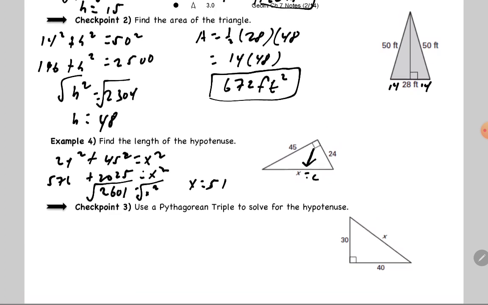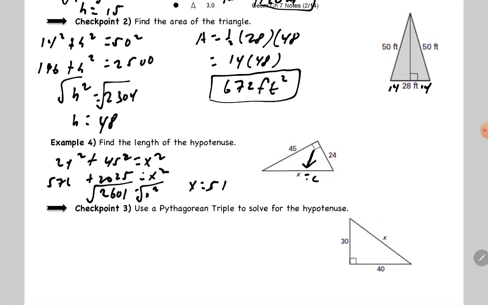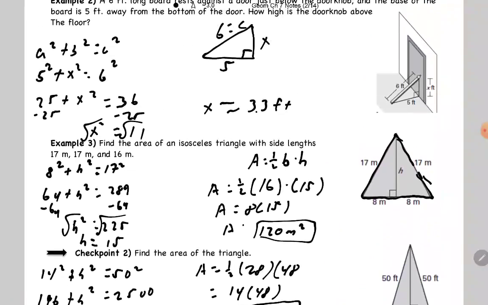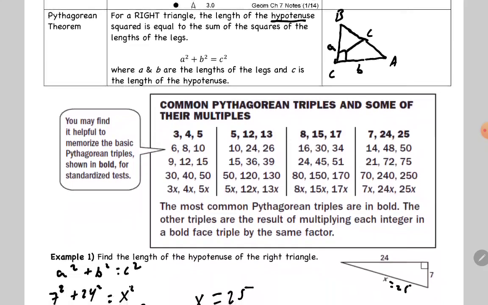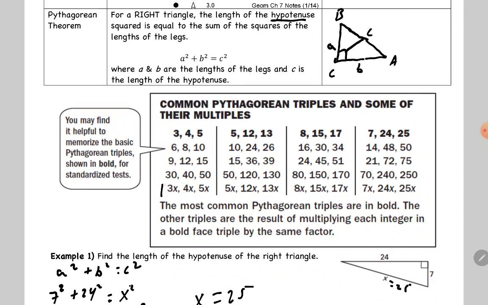Alright, use a Pythagorean triple to solve for the hypotenuse. Now, on a test, I won't make you do this because you kind of need to memorize these. But they can be multiples of 3, 4, and 5, or 5, 12, and 13, 8, 15, and 17, or 7, 24, 25.